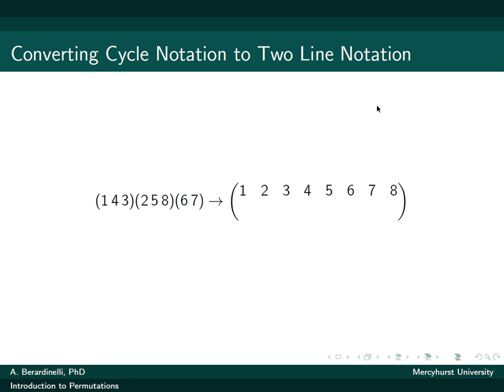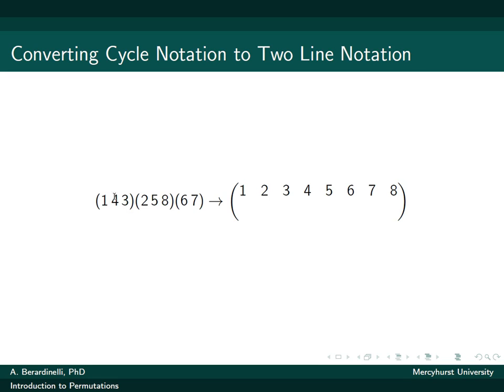We can go the other way. So if I think about this permutation, which is in cycle notation, I see the numbers 1 through 8. And so I know the 2-row notation will have the numbers 1 through 8 in order in the top row. That's how 2-row notation works. It always has the numbers in order across the top. And then it will have the reordering in the bottom row. Or when we think about cycle notation, we think about this goes-to relationship.